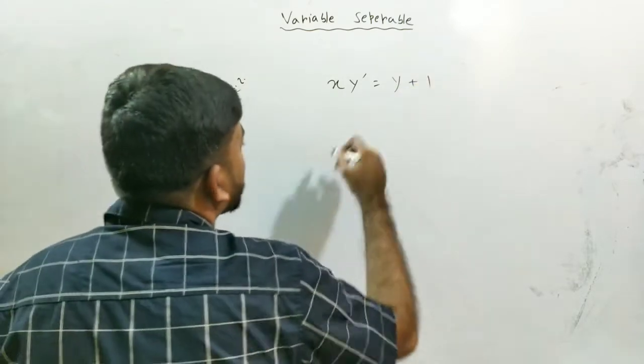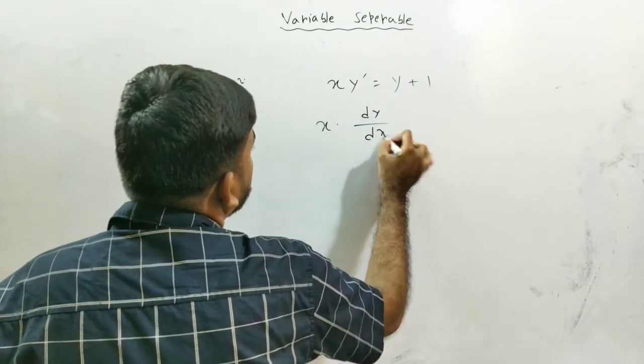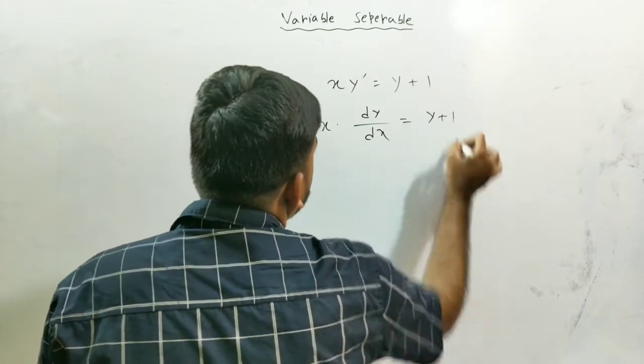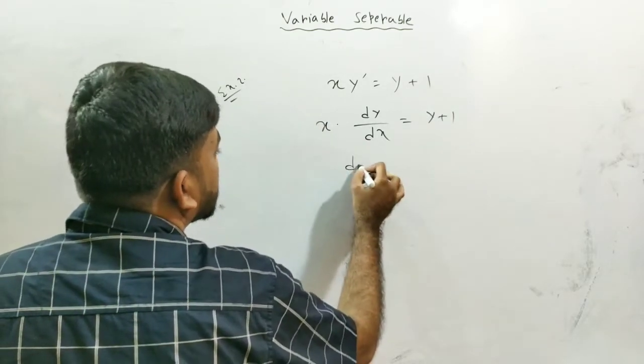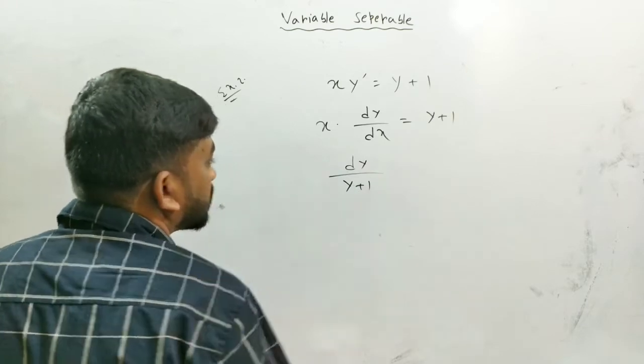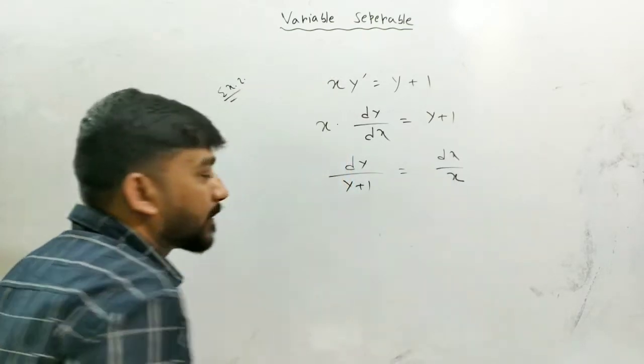So you can write it in this way also, x into dy by dx is equal to y plus 1. Now if you separate x and y, this will be dy upon y plus 1 is equal to dx upon x.